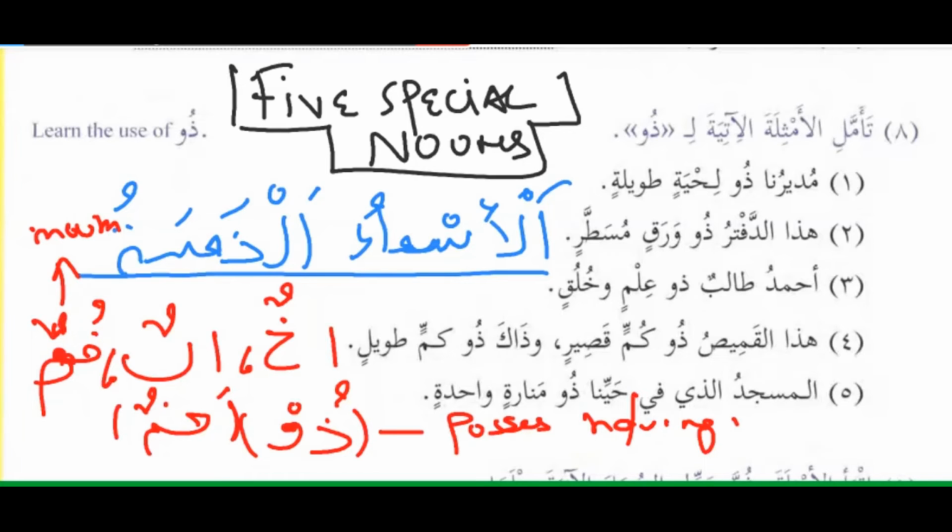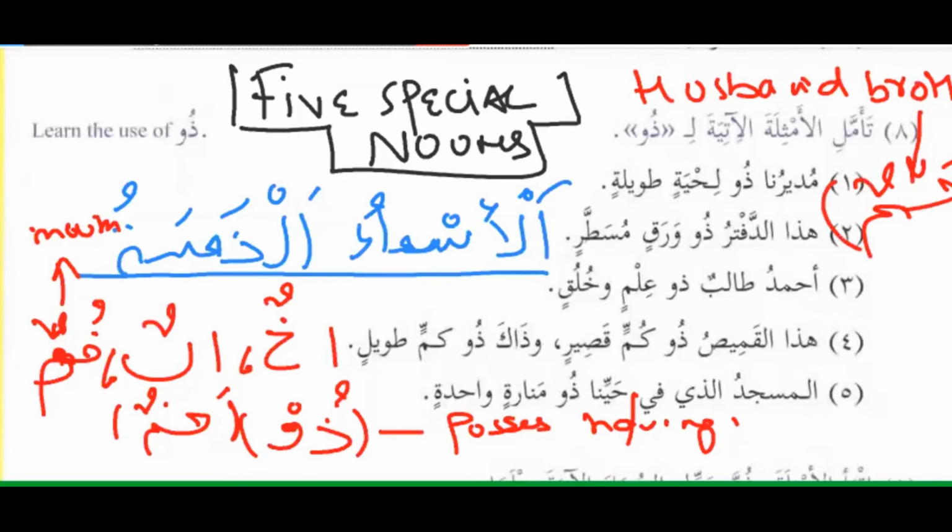If there is a wife, the husband's brother is called hammun. So the Prophet alayhi salam, in an authentic narration, said al-hammu maut, that it is a death. Death for whom? For the wife.